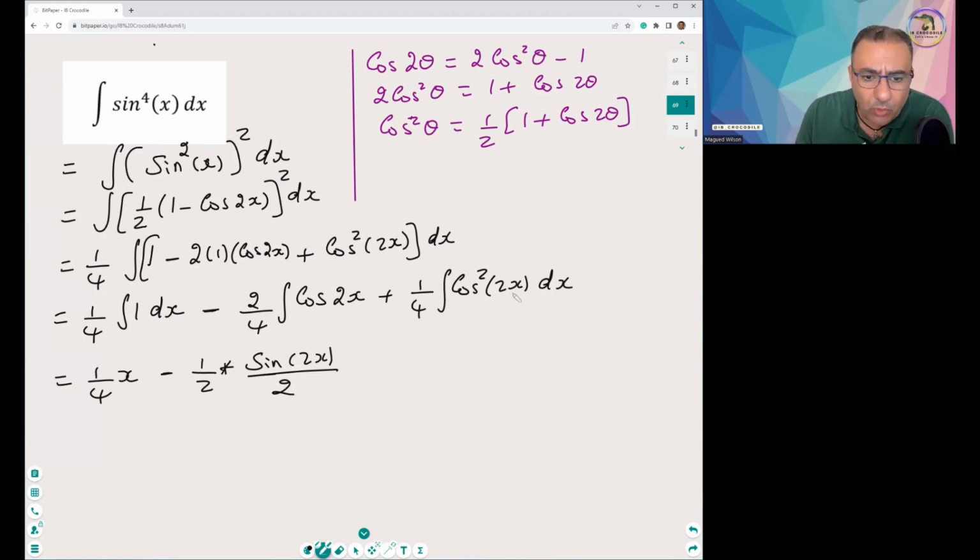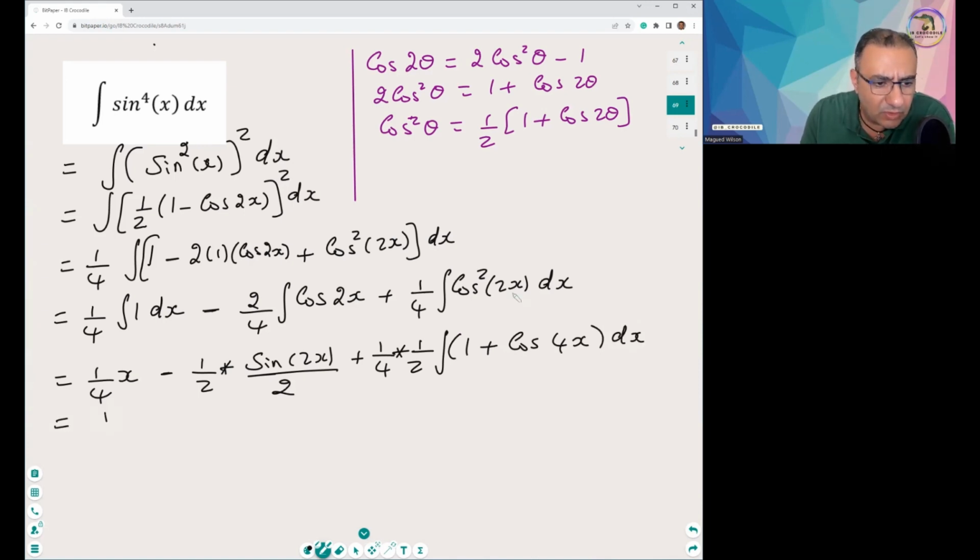Now, 1/4 multiplied by the integration of cosine squared 2x. Now this is going to be 1/2, so I'm going to put 1/2 outside. And then 1 plus cosine, now 2 theta, again, as I said, is going to be 4x. And this will be just multiplied by dx.